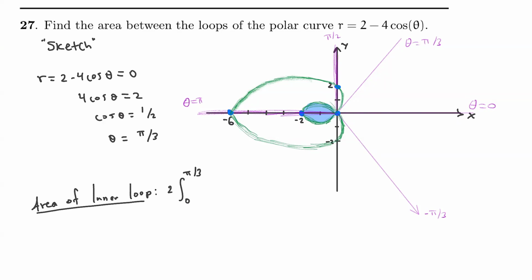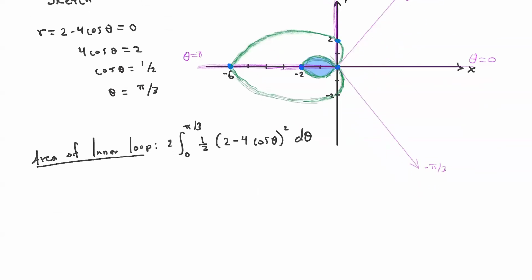And then we're going to do 1/2 times r squared, where r here is going to be 2 minus 4 cosine theta, squared, d theta. Are you guys okay with that? Yep. Yeah, you can also do from negative pi over 3 to pi over 3, correct? But every time you have symmetry, I always encourage students to use symmetry because it saves you a little bit of time. Okay. So that's the setup for the inner loop.